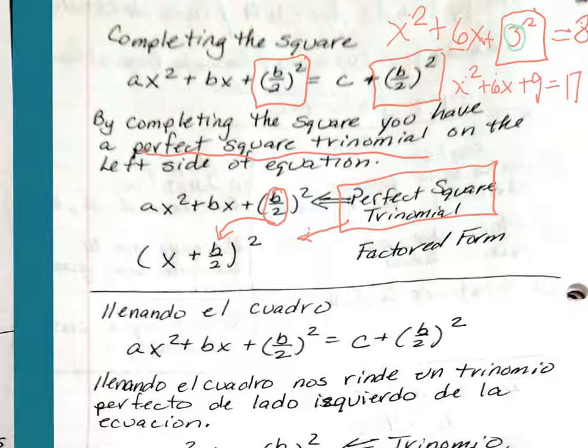So what I would do is just get x plus 3, and that would be my factored form of this perfect square trinomial, x plus 3 to the second power. And that would equal 17. And then I would go ahead and solve it by finding the square root of each side and then simplifying to find the value of x.